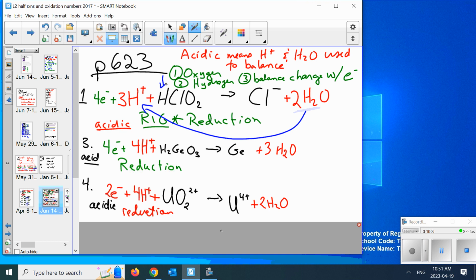Now, how do you get 4 electrons? I've got 3 positives on the left. I've got 1 negative on the right. You bring the high side, 3, down to -1. The only way to go from 3 to -1 is to subtract 4. 4 negative electrons.